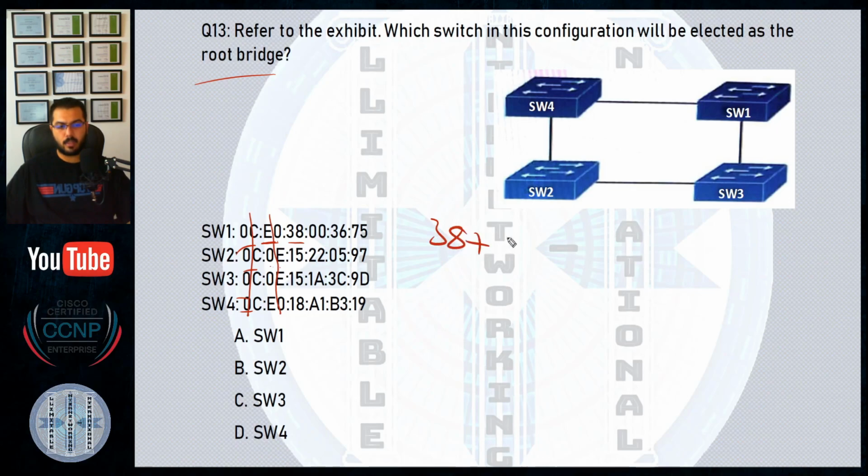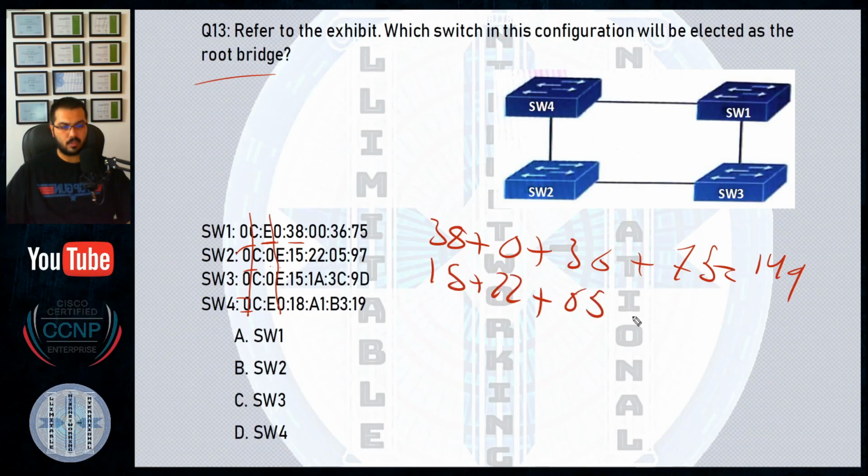38 plus 0 plus 36 plus 75, that will give me 60 and 14, 74 plus 75, that will be 149. Okay, 15, 22 and 05 means 5 and 97. That will give me 37, 42. 97 plus 42 will be 139.